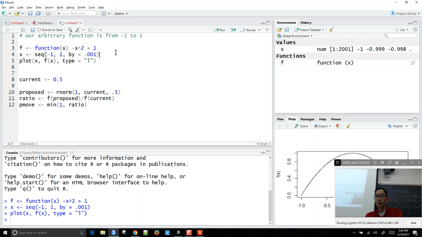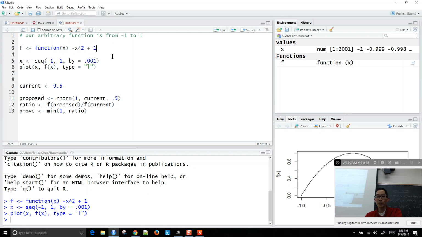Okay. There's an important thing here, and I have to modify my function f to say that if I propose a value outside of -1 and +1, then the associated probability there is 0. Okay, so I have to say that's going to be 0.